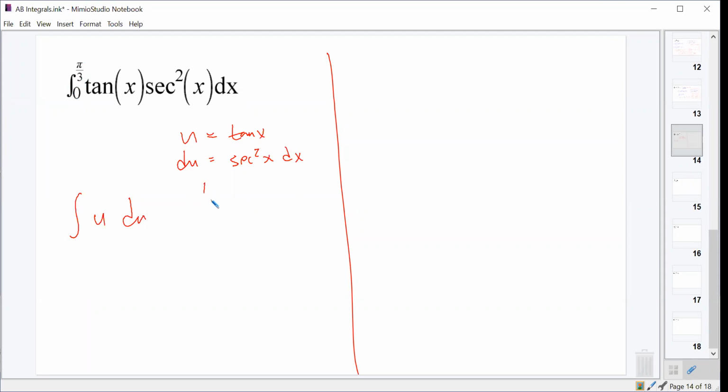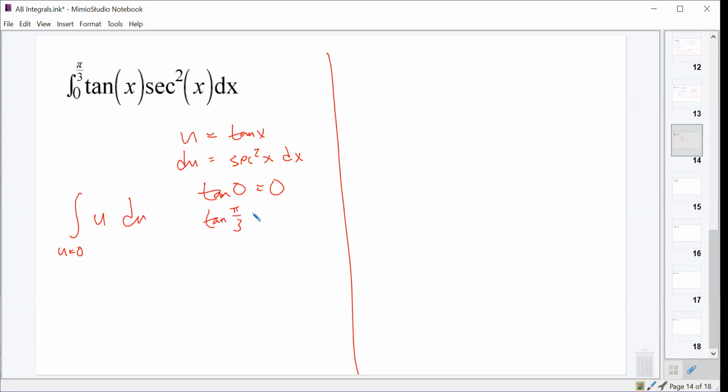So we're going to say, what is the tangent of 0? So if x is 0, what does u equal? 0. So we're going to say it down here. You don't normally need to write the u equals 0, but I'm going to do that just to illustrate why I'm changing these limits, or not changing them in this case. And what about the pi over 3? What does it need to become?